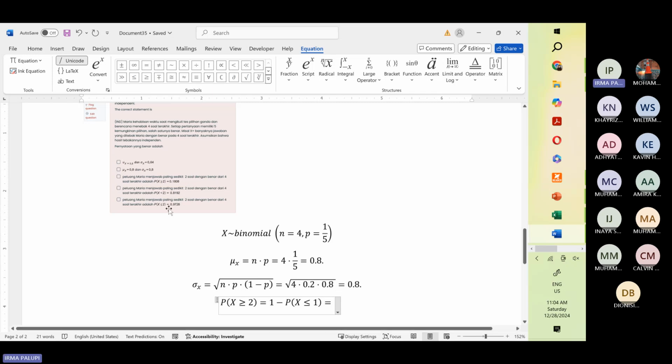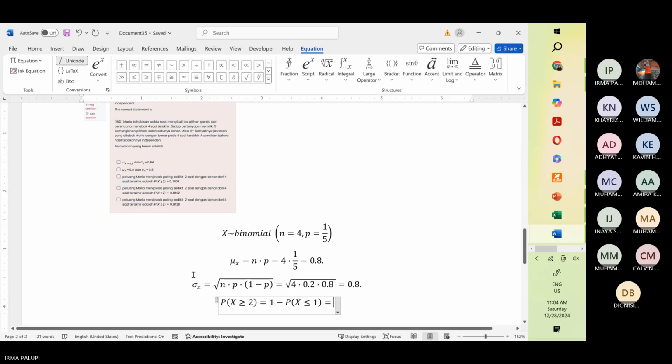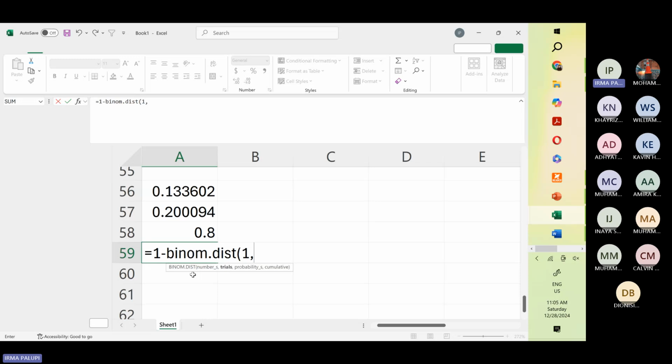This is the same question, at least, so just find the cumulative probability, where x is 1, number of trials is 4, probability of success is 0.2, 1/5, right?